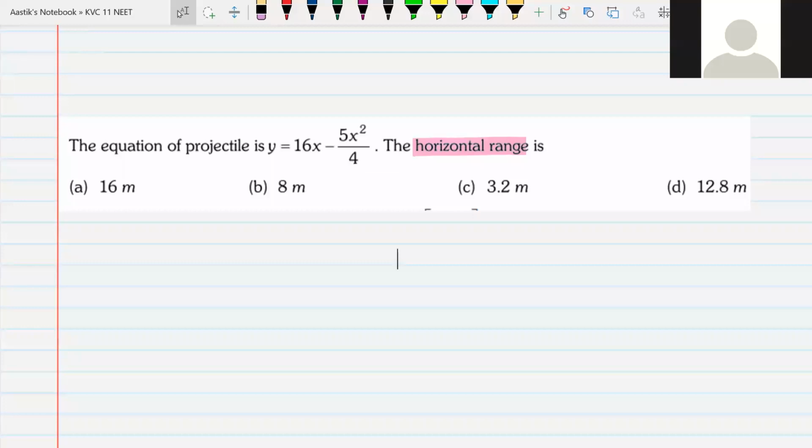Once you get the correct formula, solving after that becomes a cakewalk, isn't it?